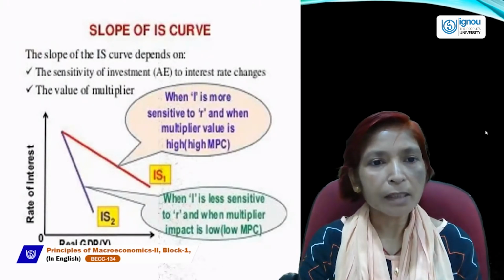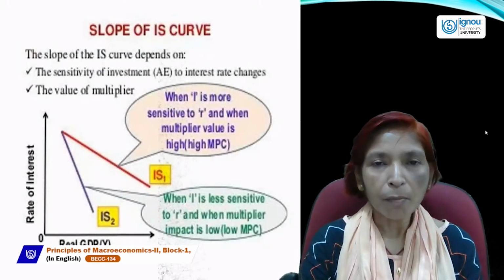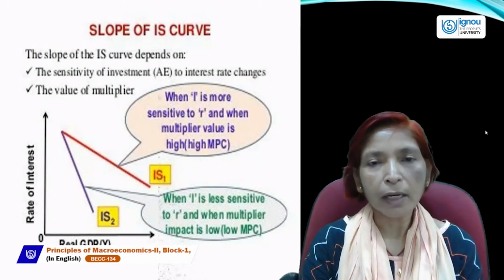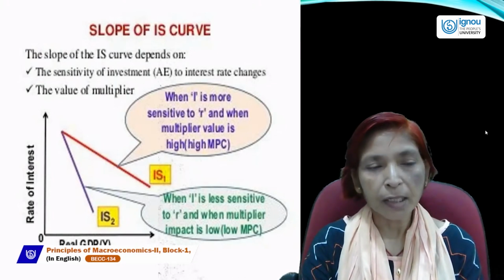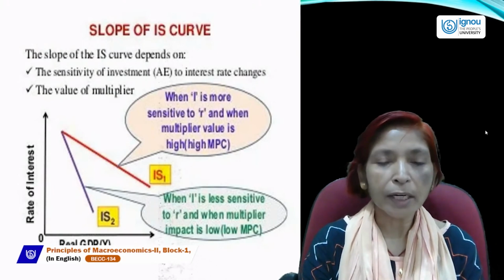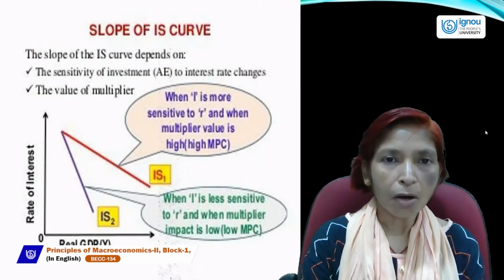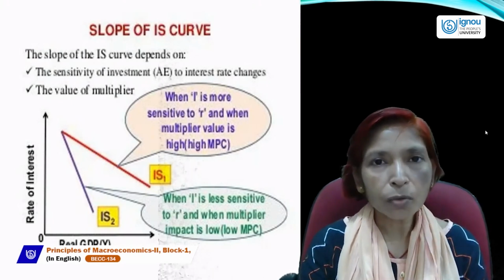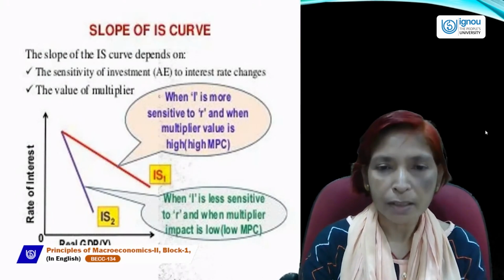The slope of the IS curve depends upon, number one, the sensitivity of investment to the rate of interest. It means how much investment is sensitive to the rate of interest, or how much change in investment will occur due to a change in interest rate.